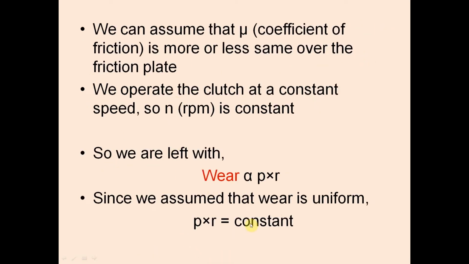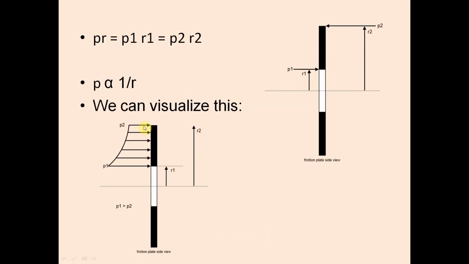From this equation p into r is equal to constant, I can write p is proportional to 1 by r, which means that if r is less, then p is more. We can visualize this. At less radius r1, p is more, p is the highest, and at more radius r2, p is the lowest. We can see p1 is greater than p2.